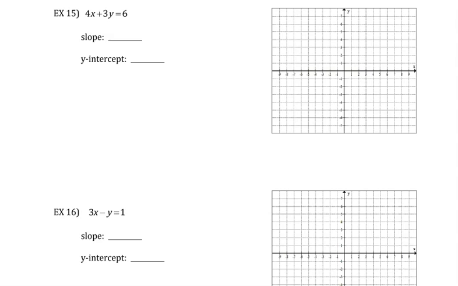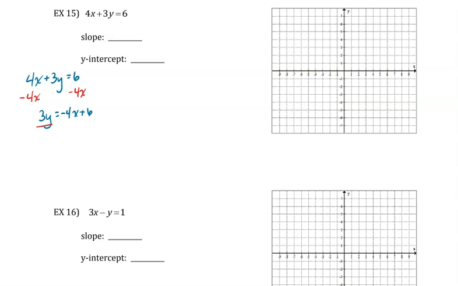So first thing we need to do is get this into slope-intercept form. So I'm going to rewrite it down here, that way we can go ahead and solve for y. So first thing we want to do is we want to move the x away. So we're going to have 3y equals negative 4x plus 6.